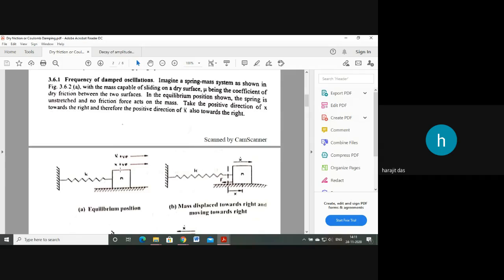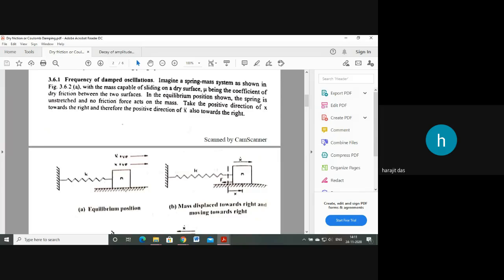We will be taking on the left side of this equilibrium line, which is imaginary, as negative. You need to think that it is acting vertically at the middle of this mass. Whatever be the parameters on the left hand side, it will be negative, because we are going to use Newton's second law of motion.